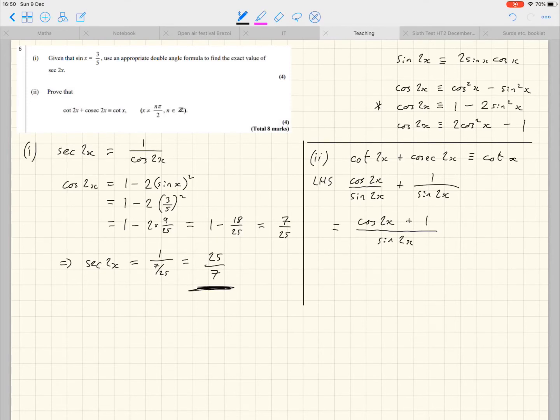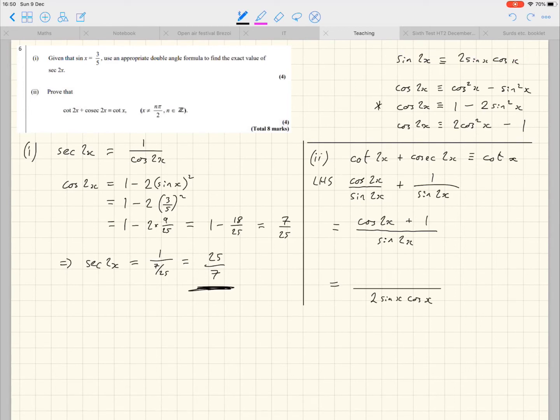Now, we still need, on the right-hand side here, it's cot x, it's not cot 2x. So we're going to need to use the double angle formulae to be able to simplify this in a way that works. So the denominator, nice and easy, because there's only one formula that you can use for sine 2x, so 2 sine x cos x from here.